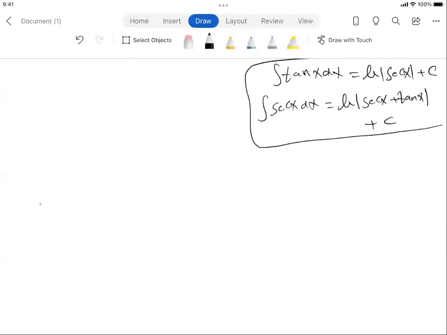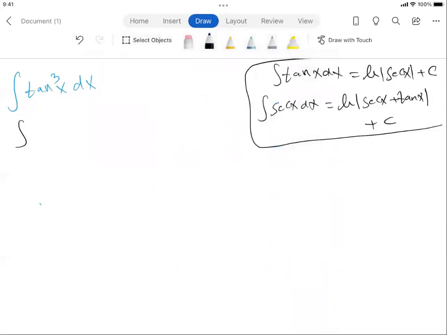Okay, let's see. If I have an integral of the form tangent to the 3rd power of x dx, how am I going to go about this?